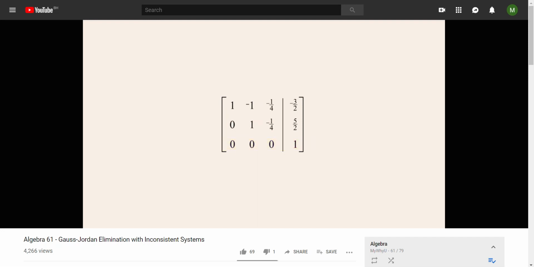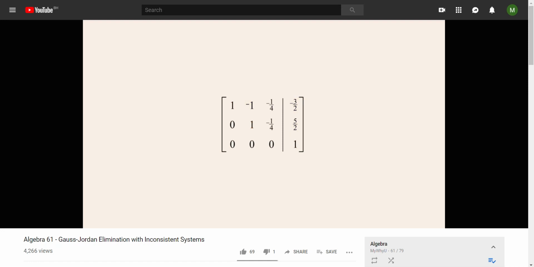The leading entries of each row are now 1s, but to be in reduced row echelon form, each leading entry must be the only non-zero entry in its column.